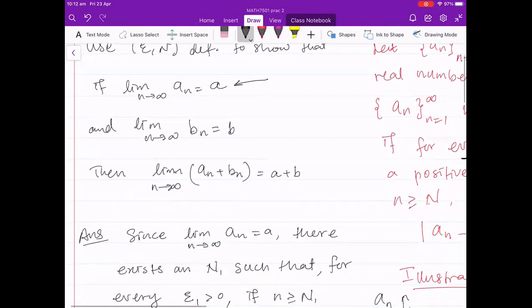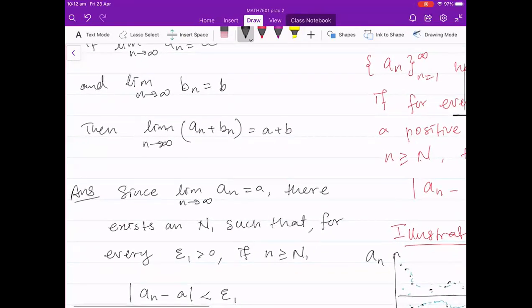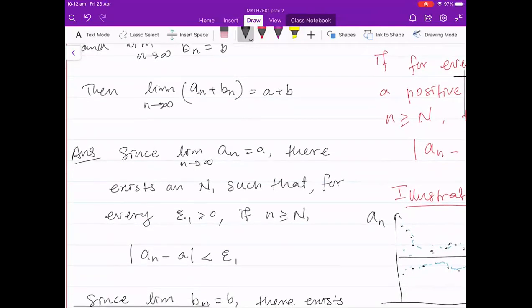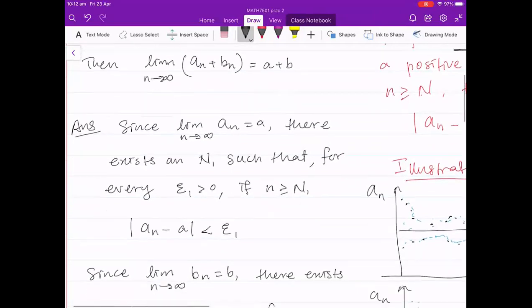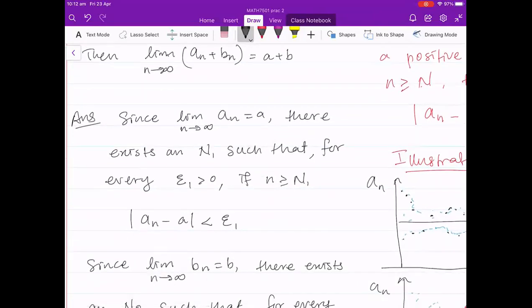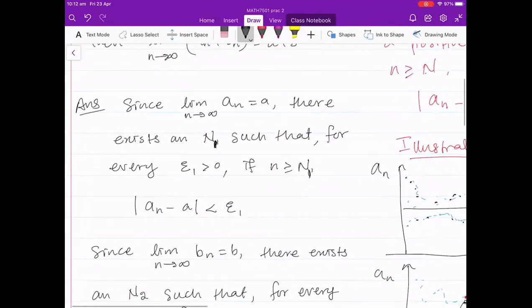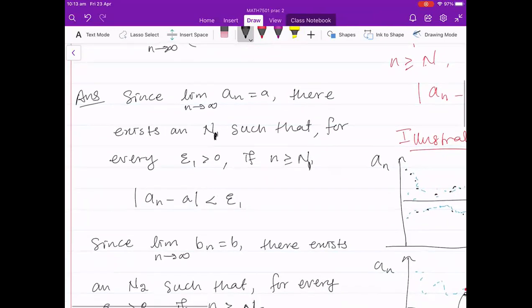Since the limit of a_n is a, we can say that there exists an N1 such that for every epsilon 1 bigger than 0, if n is bigger than that N1, then the absolute value of a_n minus a is less than epsilon 1. Okay, is everyone okay with that?